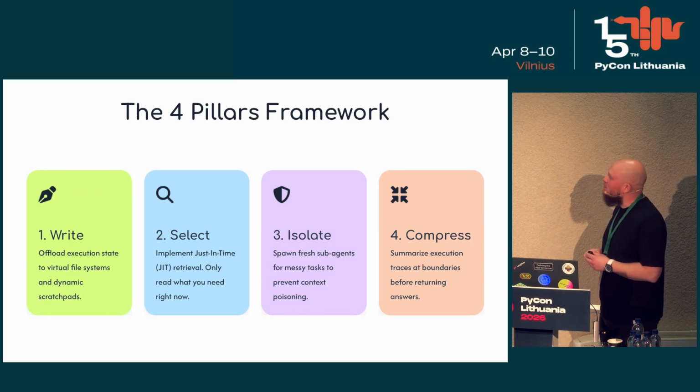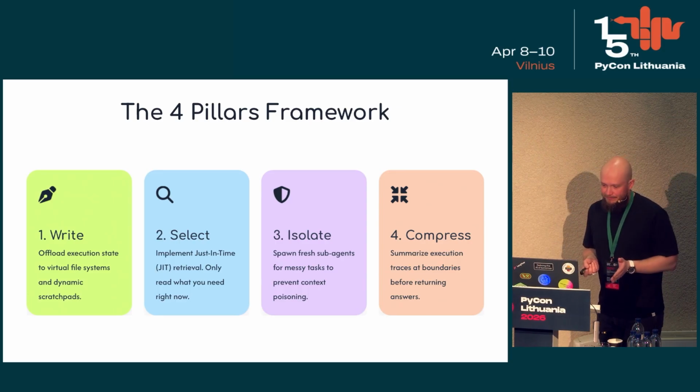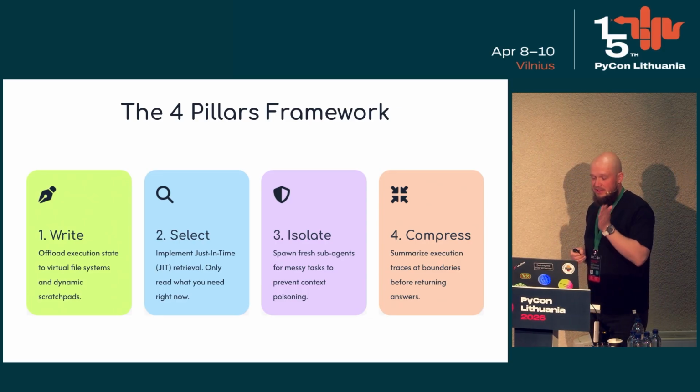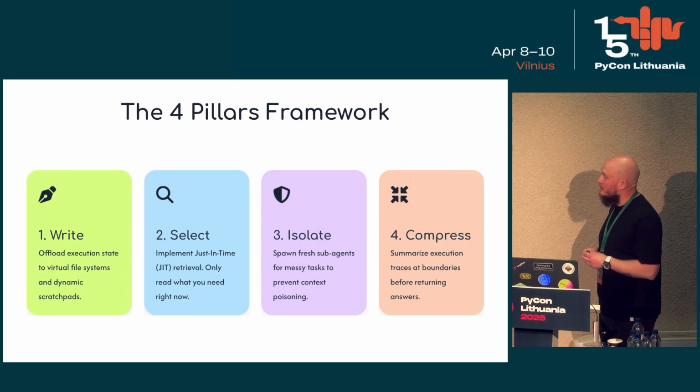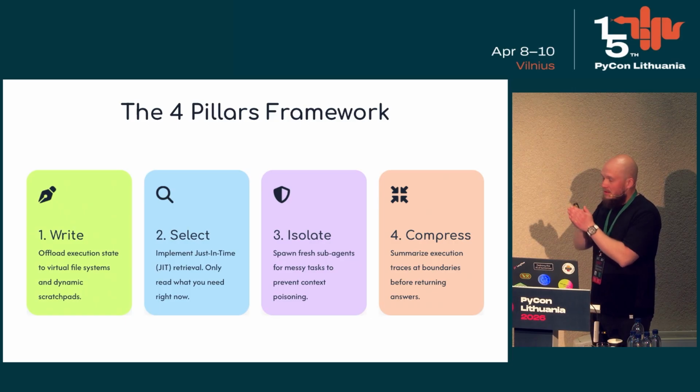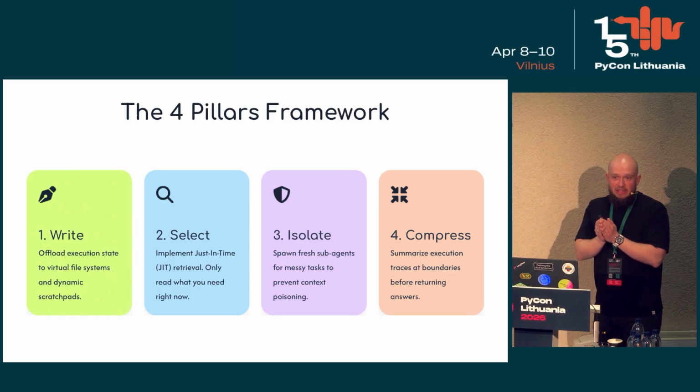So select is when you select just in time only what you need. The third pillar is isolate. And this is an interesting one because that is a boundary between your regular chatbot and a proper agentic system.